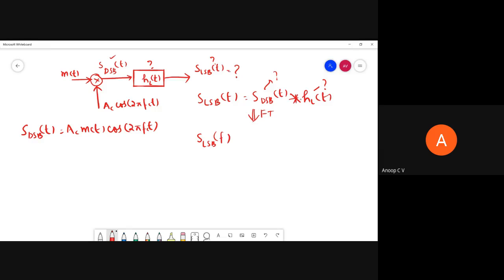So please keep in mind, when I'm writing a time domain expression, I'll be using small s with subscript LSB and t.